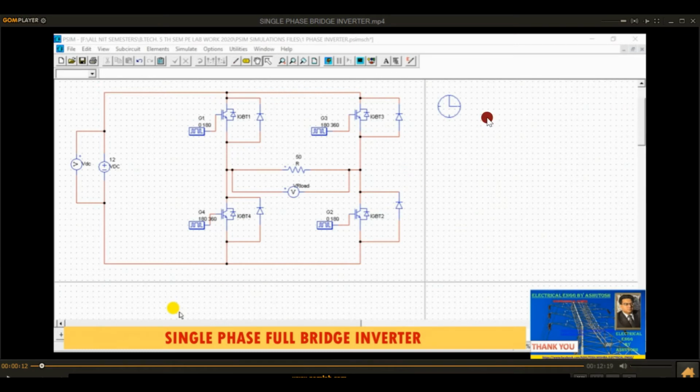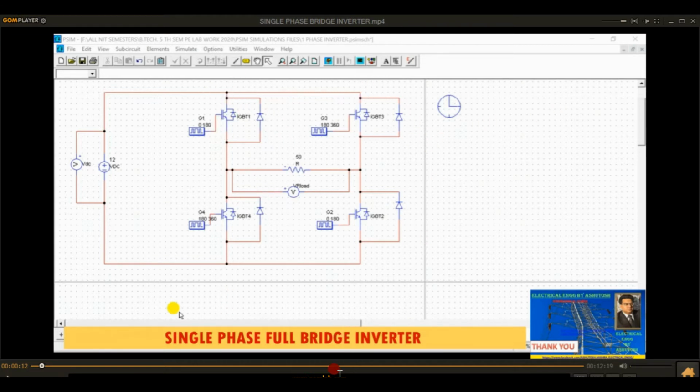If you can see the screen, this is the PSIM simulation circuit I have prepared for you. I have named the switches IGBT1, IGBT2, IGBT3, IGBT4. These are the main switches I have selected, and there are two legs.